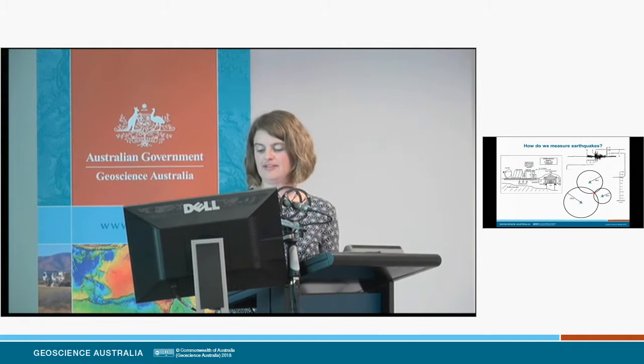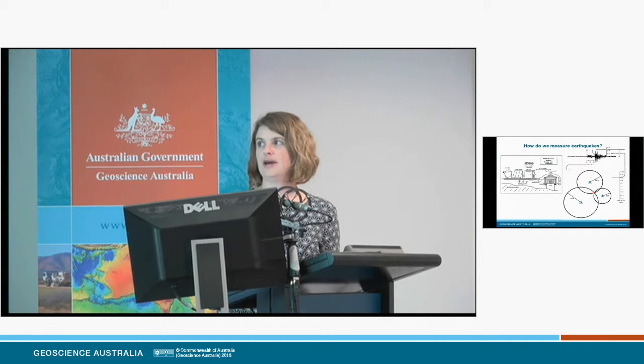So here's another schematic diagram of 3 seismic stations. We've got 3 seismic stations here highlighted in blue, and this is the location of the earthquake, the earthquake's epicentre. So when an earthquake occurs, the seismic stations pick up the P and S arrivals from the seismic waves, and because we know the travel times that it takes for an earthquake to travel a certain distance, we can calculate the arrival from the epicentre back to the seismic station and calculate the location of the earthquake.